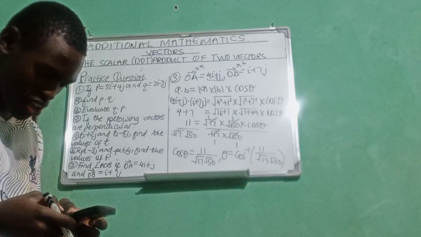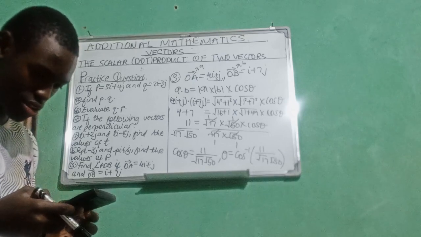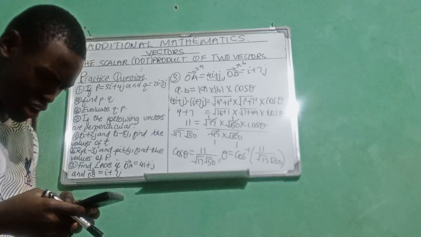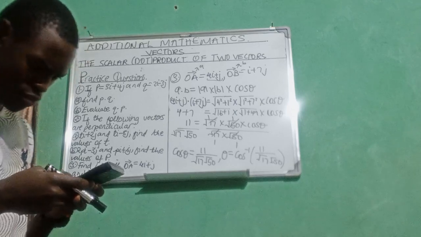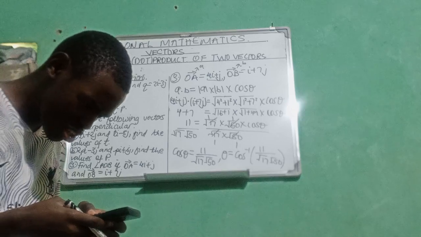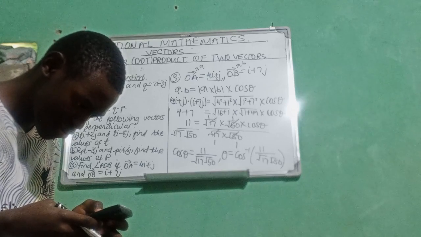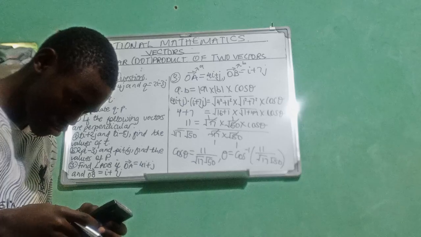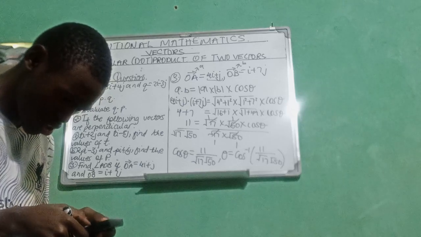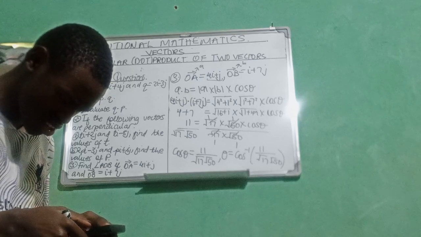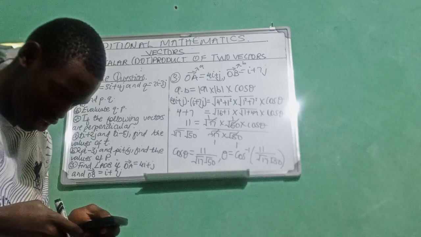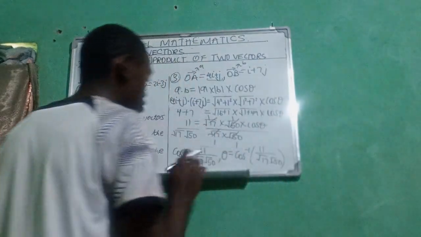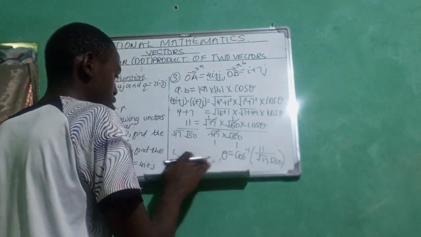This will be cos inverse of 11 divided by square root of 17 multiplied by square root of 50, which is giving us 67.8 degrees.